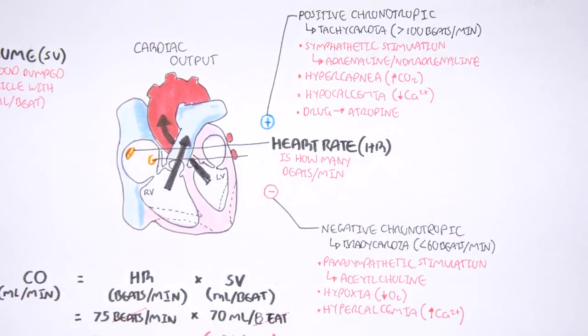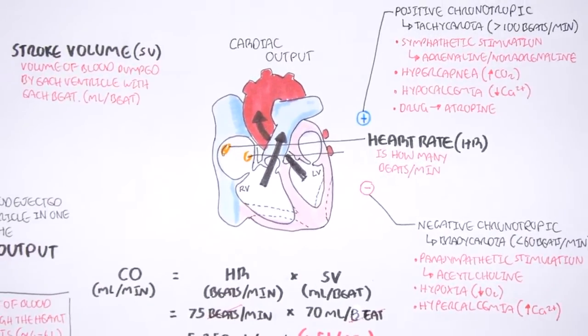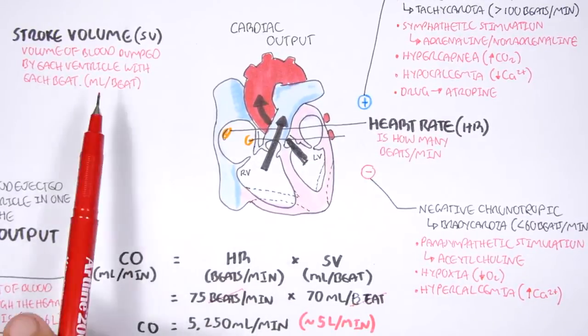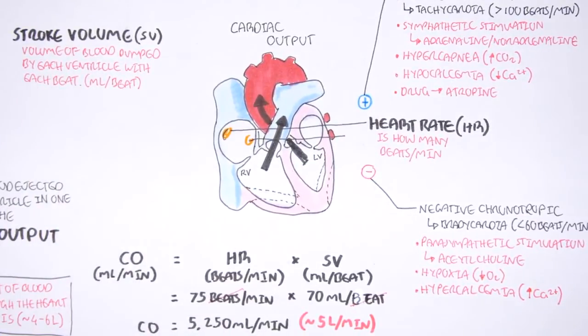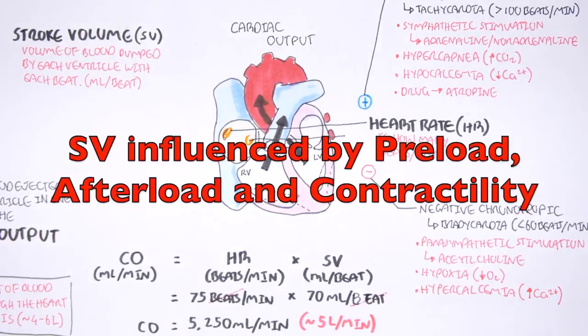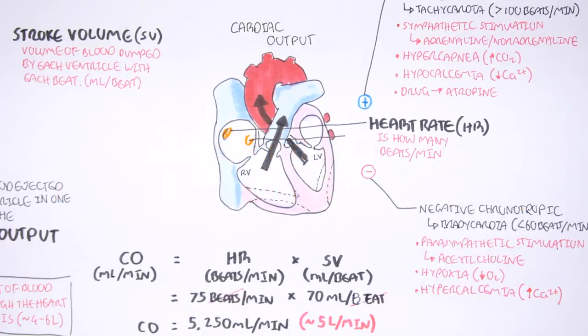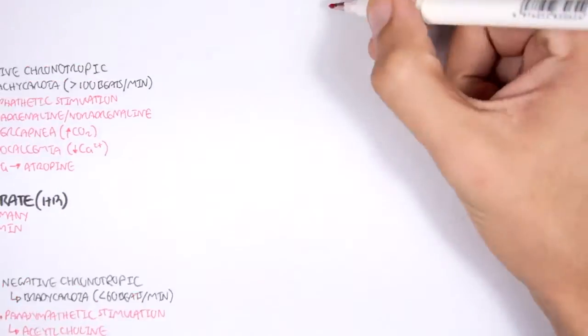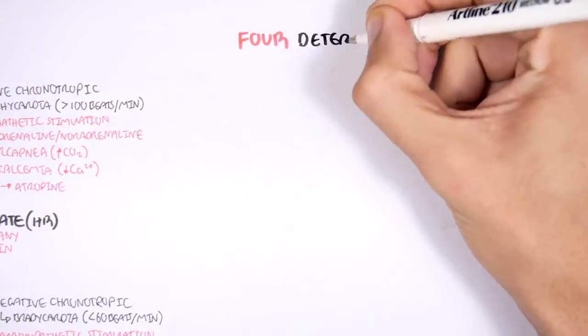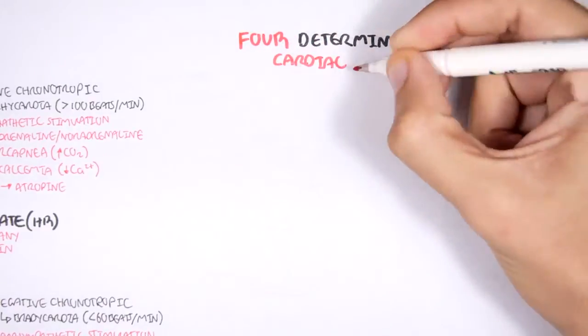So from this, we know that cardiac output is calculated by heart rate and stroke volume, and that the heart rate is influenced by positive and negative chronotropic factors. But stroke volume can also be influenced by many other factors. These are preload, afterload, and contractility. And because we know stroke volume influences the cardiac output, we can say, therefore, there are 4 total determinants of cardiac output.